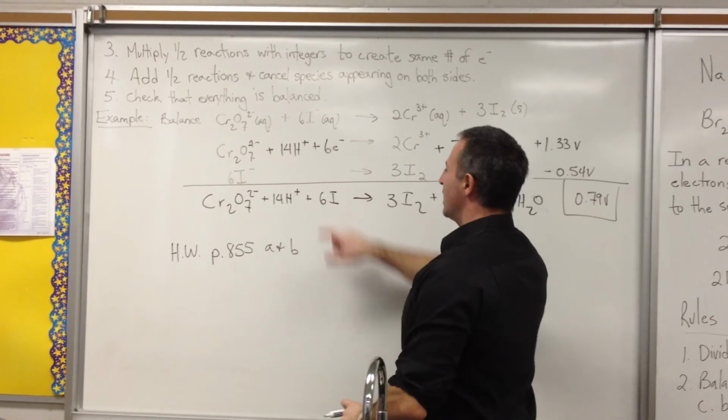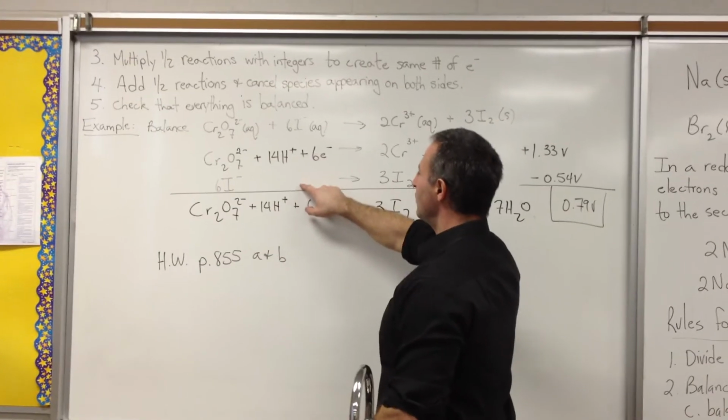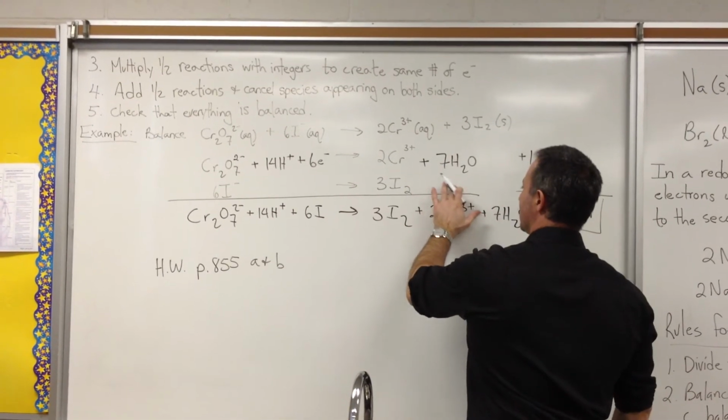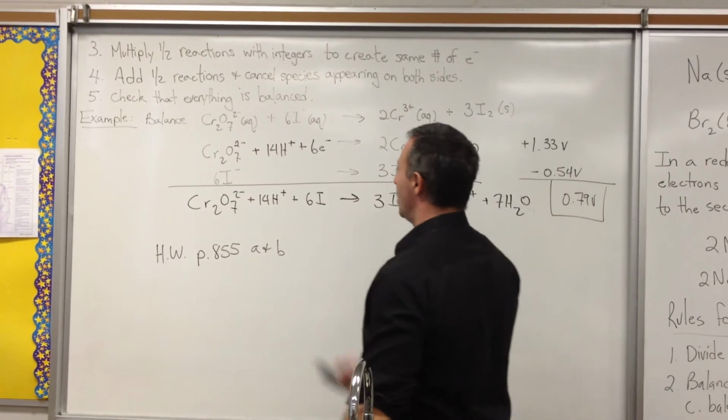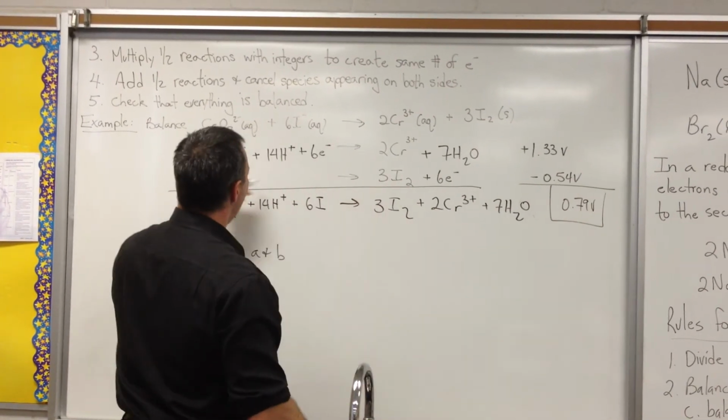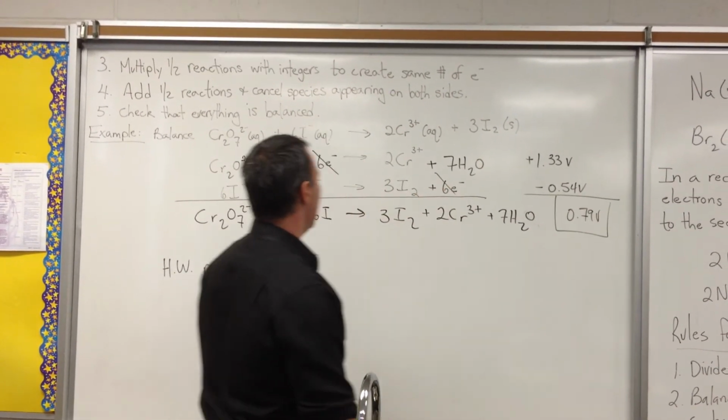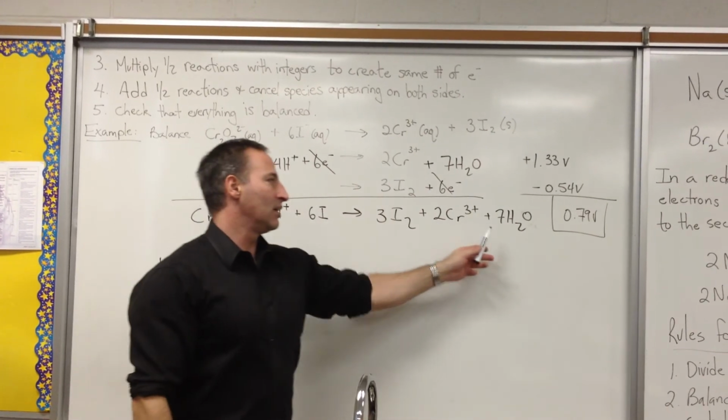On the second half reaction, we simply add 6 electrons on this side because there are no oxygens or hydrogens to worry about. Once we add the 2 half reactions, the electrons cancel, and this is the net equation that results.